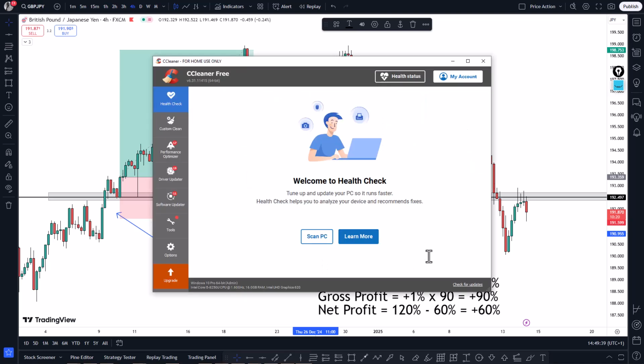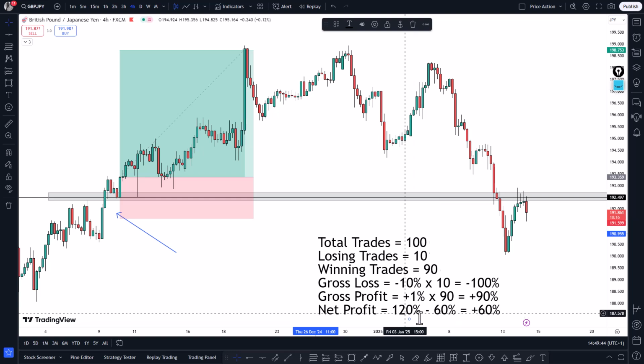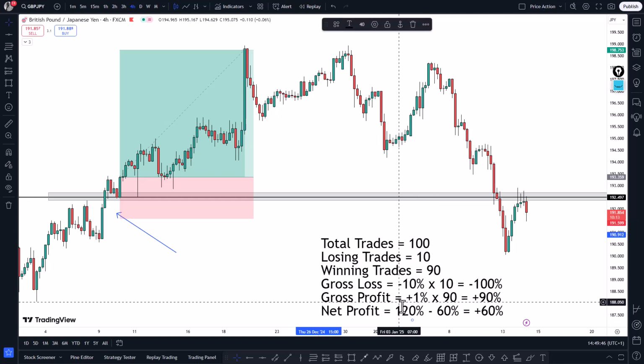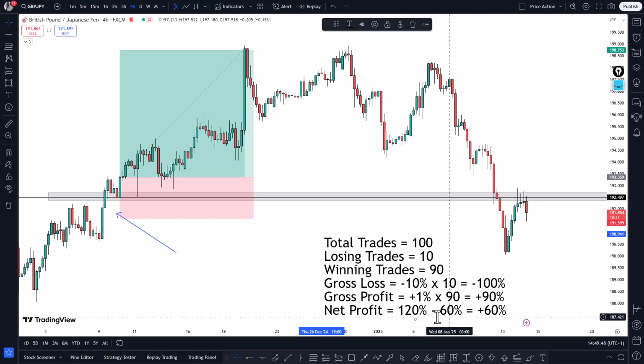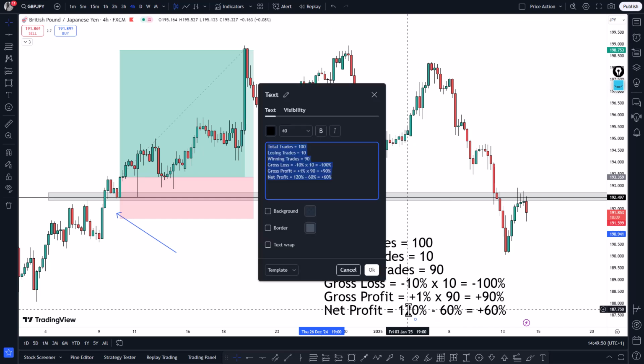Now, when you do this, when you subtract that gross loss from your gross profit, which in this particular example is 90%, you notice that at the end of the day, you're going to end up with a net loss, not a net profit, of minus 10%.